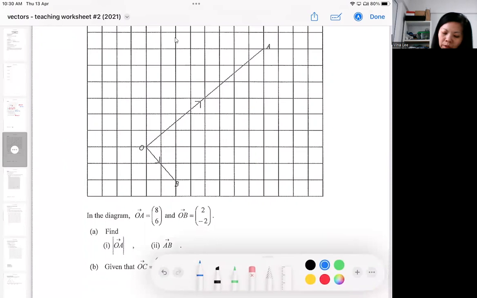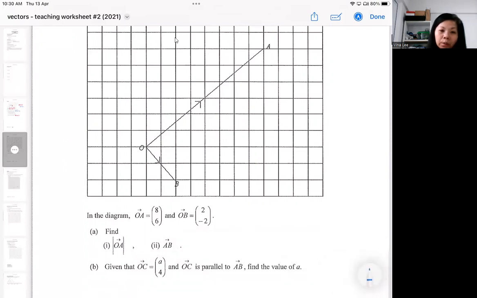Without any drawings, I can also find the magnitude. In part 1, I can find the magnitude of OA by just applying my formula. So you will get 10 units.